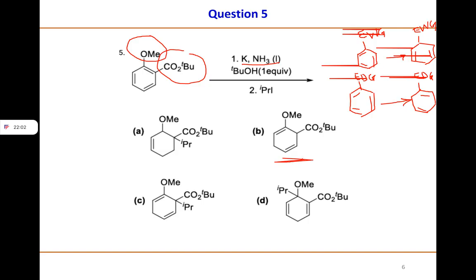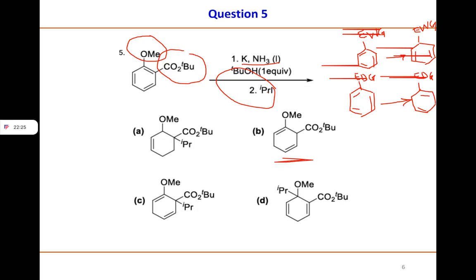After this, the second step is also given, which is isopropyl iodide addition. After the Birch reduction, the next step will be the addition of isopropyl group. This one is an electrophile.